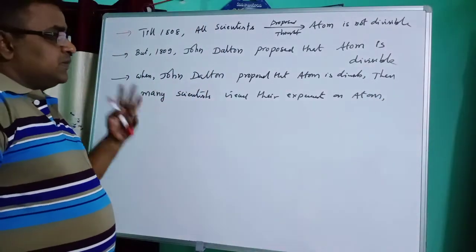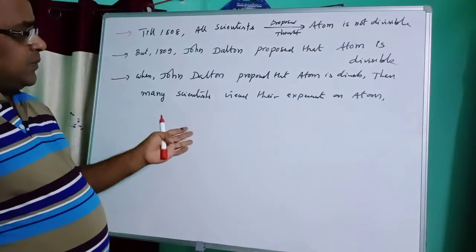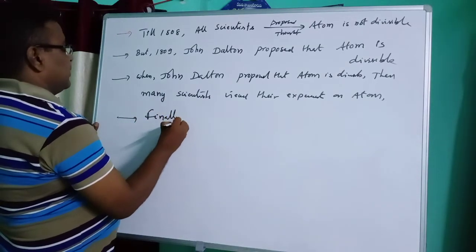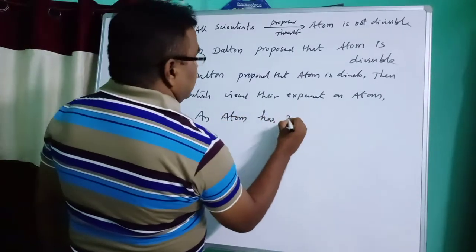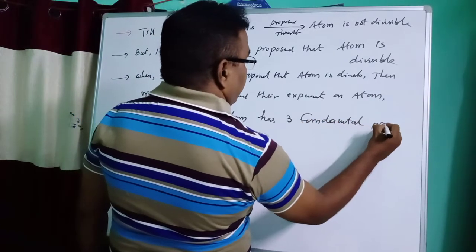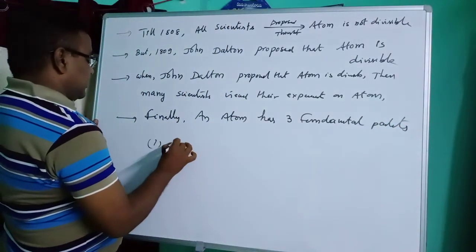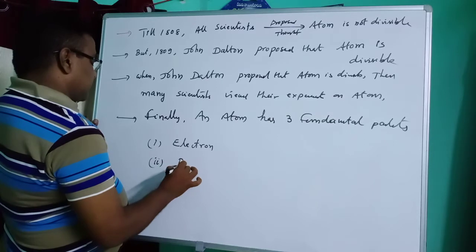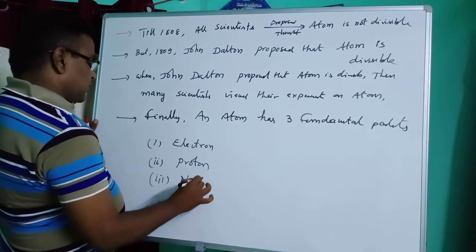So when John Dalton said that an atom is divisible, all scientists carried out their experiments on the atom, and finally they discovered that an atom has three fundamental particles. They are: the first one is electron, second one is proton, third one is neutron.